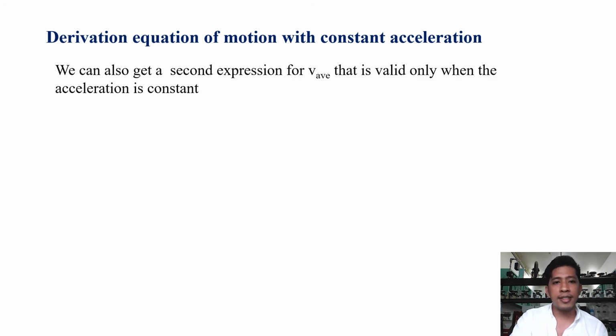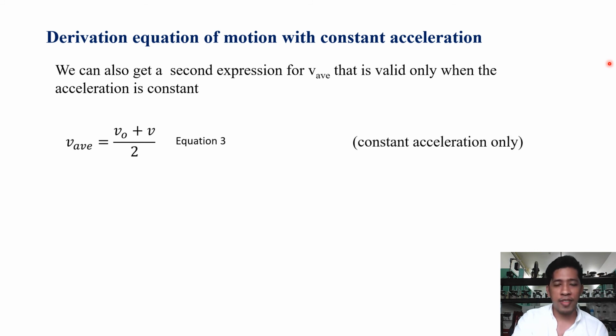We can also get a second expression for v average that is valid only when the acceleration is constant. This is just your v average is equal to v0 plus v over 2. And we'll refer to this one as equation 3. Take note that this equation is valid only for constant acceleration. Substituting equation 1 into equation 3, if you remember equation 1, we'll use that one and substitute it for your v.